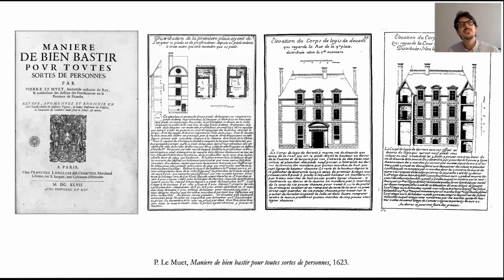A very interesting example is Le Muet's treatise about how to build an apartment building in a city. And what is the norm about here? It is basically about how many rooms can be aligned in order to face the street.